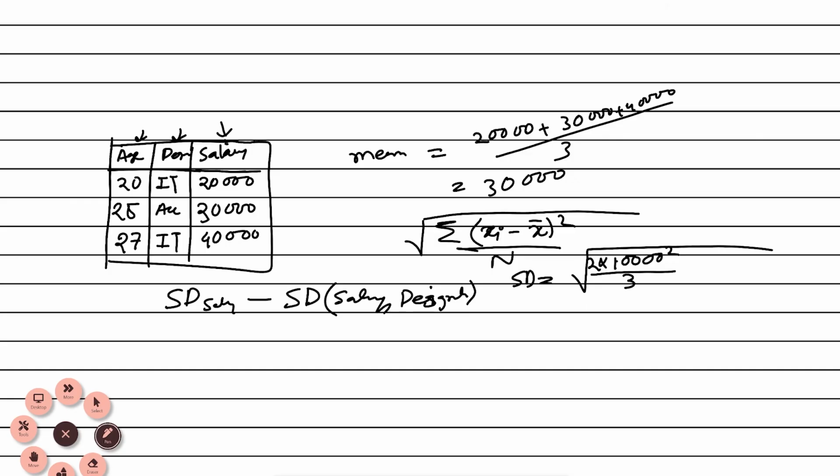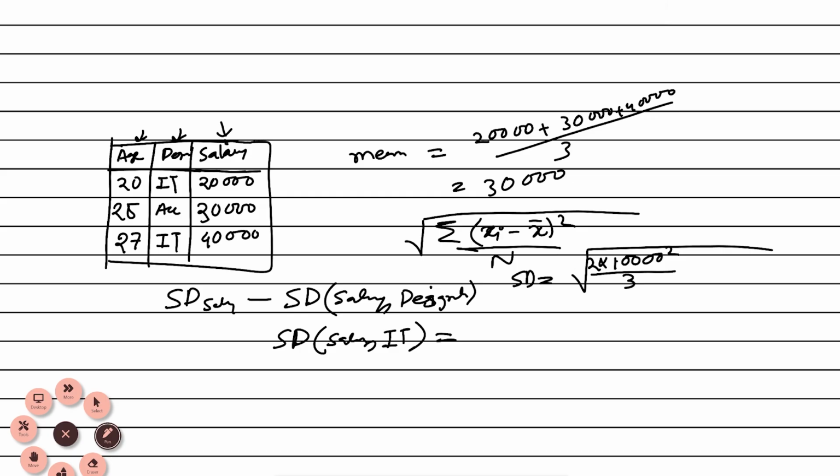Now for a specific designation, I have to calculate this standard deviation. Let's say I have 2 cases of IT, so I can easily calculate the standard deviation for these 2 IT cases. So SD of salary comma IT, you have to find the mean of this. 20, 40, so again 30,000. So it will be again 2 into 10,000 squared divided by 2, and square root.